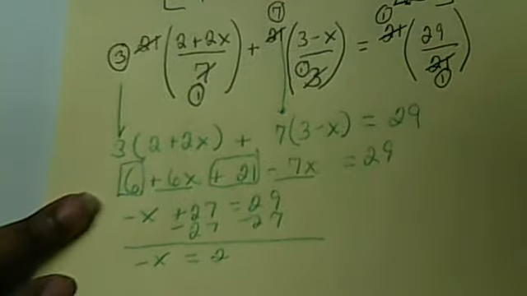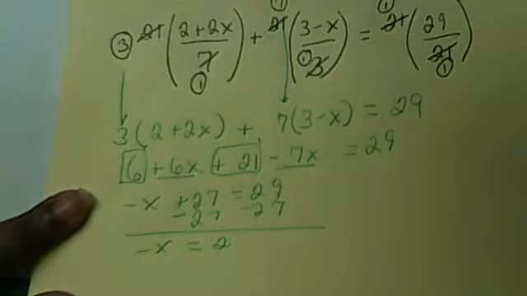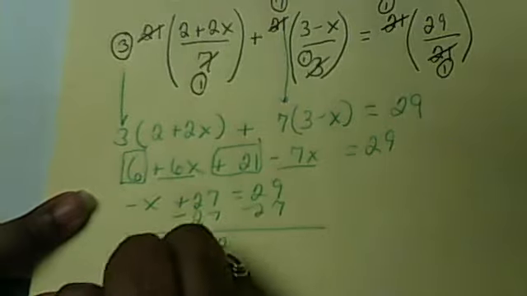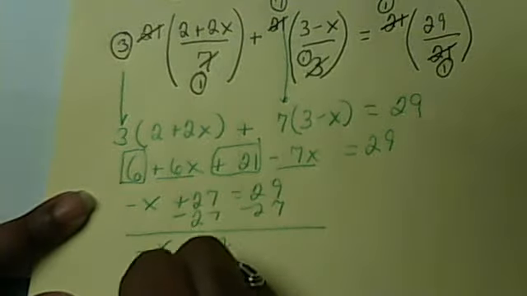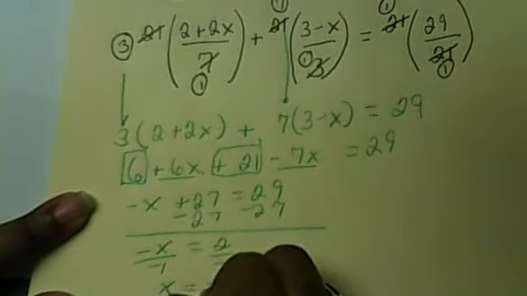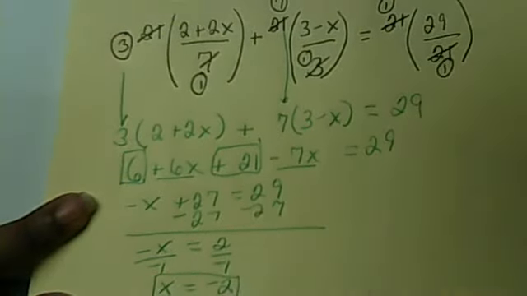And then to get rid of this negative in front of the x, I either multiply through by negative 1 or divide by negative 1. Either way, it just flips the sign. So when I divide everything through by negative 1, I'm going to get x is equal to negative 2.